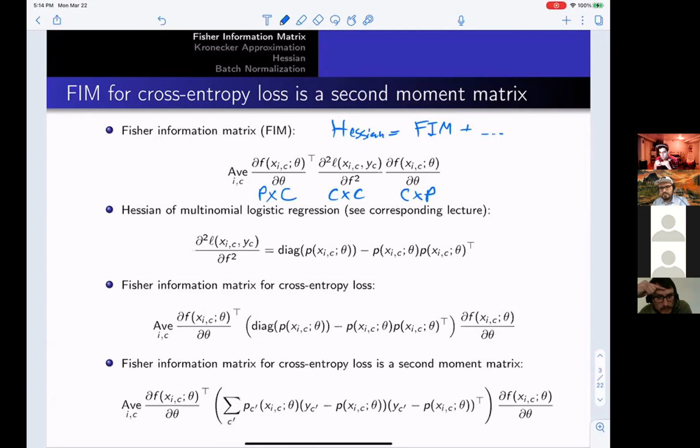Does anyone remember the problem set? Oh, I think I ruined my trivia question, the most important trivia question. Okay, does anyone recognize this expression? I'm sorry for spoiling the trivia question. Do you find this recognizable?